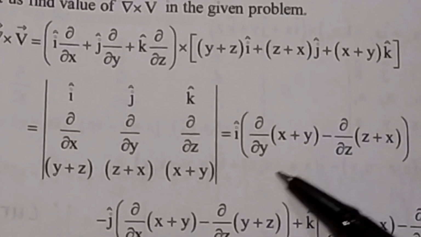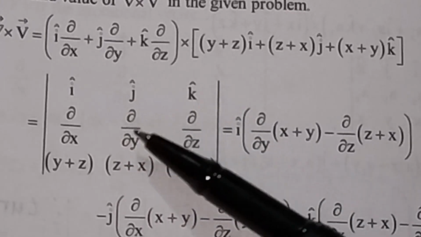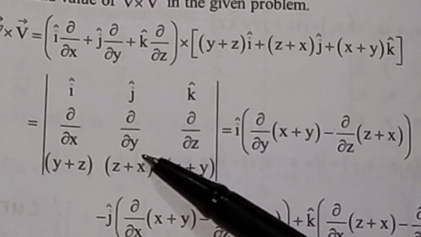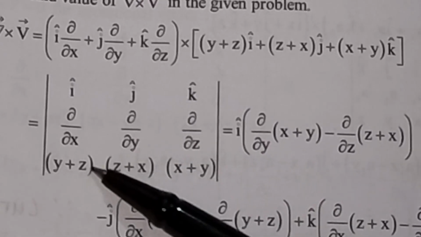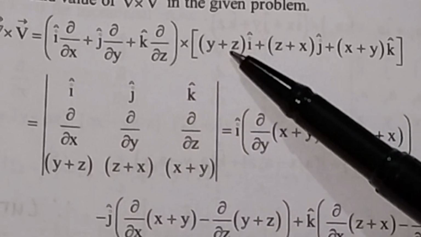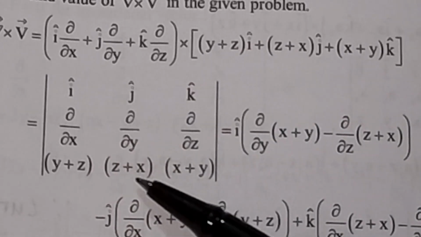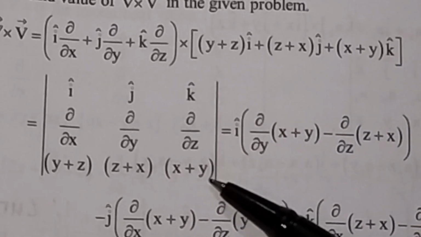You can write this in determinant form: i cap, j cap, k cap, partial derivative with respect to x, partial derivative with respect to y, partial derivative with respect to z, and you have i component y plus z, j component z plus x, and k component x plus y.